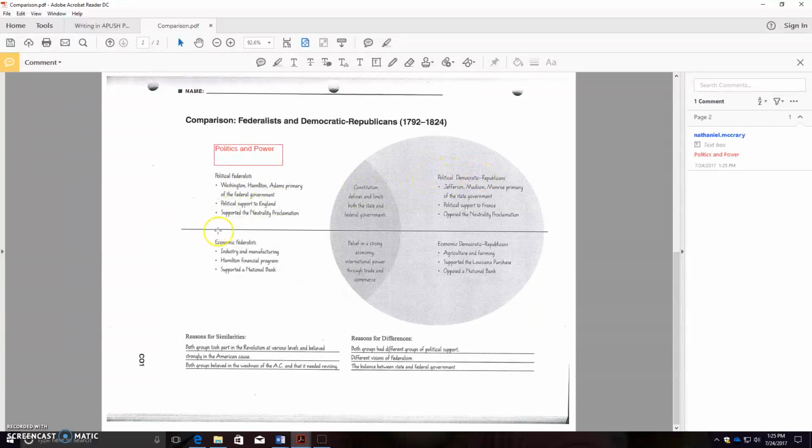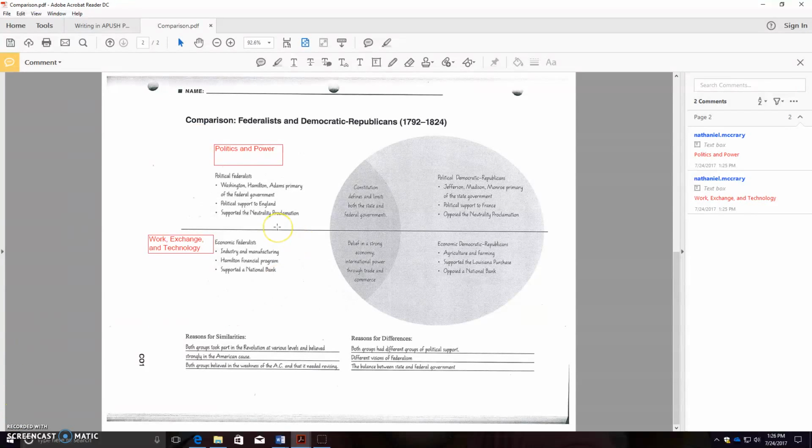So everything above this line is going to be dealing with politics and power. Our other thematic learning objective for the comparison essay is going to be work, exchange, and technology. And again, that is going to go for everything under the line. So notice on the comparison essay, you're only coming up with two thematic learning objectives compared to the three that you did for the causation essay.